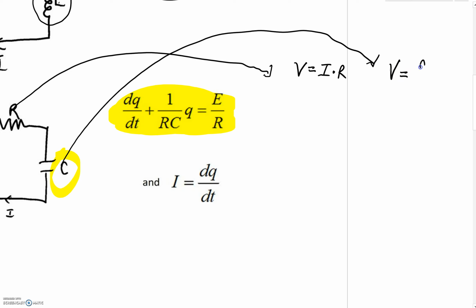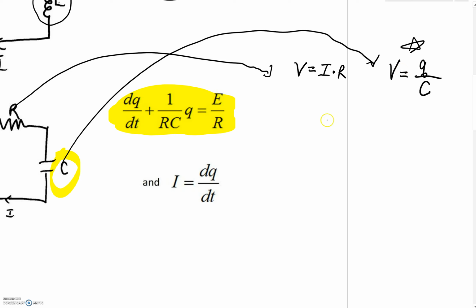That would be Q divided by C. That's something we haven't talked about recently, but it will be very helpful as we set up these equations. For the capacitor, you take Q, a charge at a particular time, divided by C. That's how much your voltage will drop.